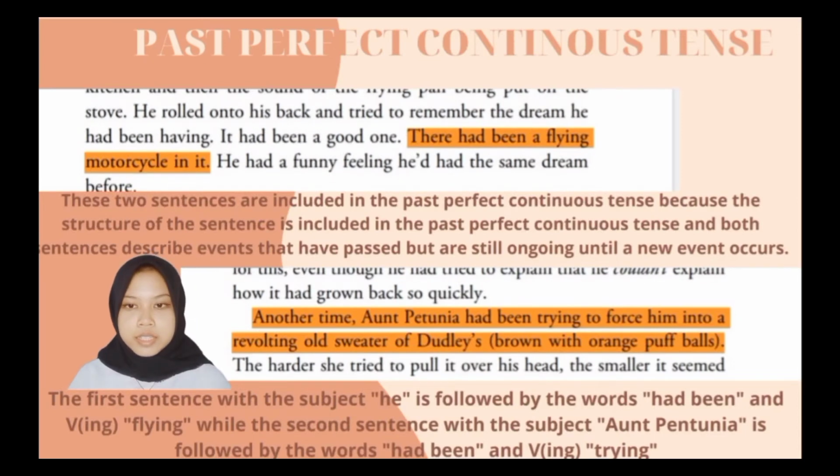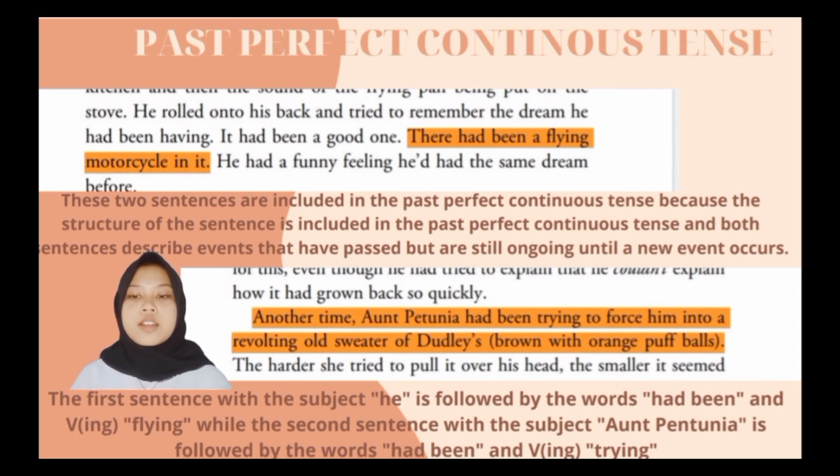And the next is past perfect continuous tense. The first sentence is: There had been a flying motorcycle in it. And the second sentence is: Another time Aunt Petunia had been trying to force him into a revolting orange sweater of Dudley's.